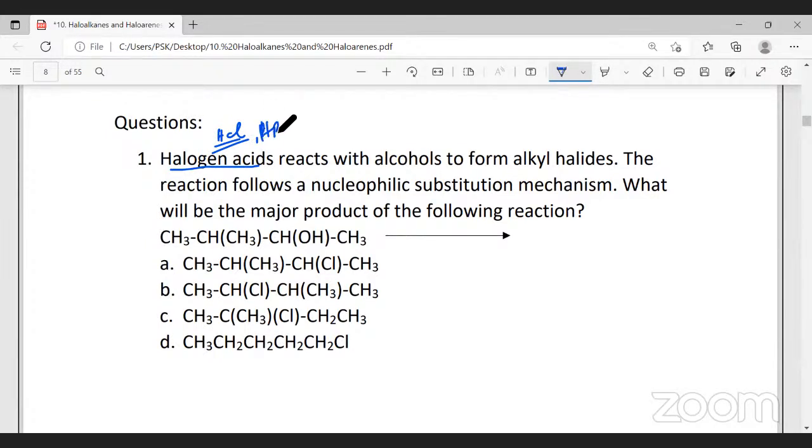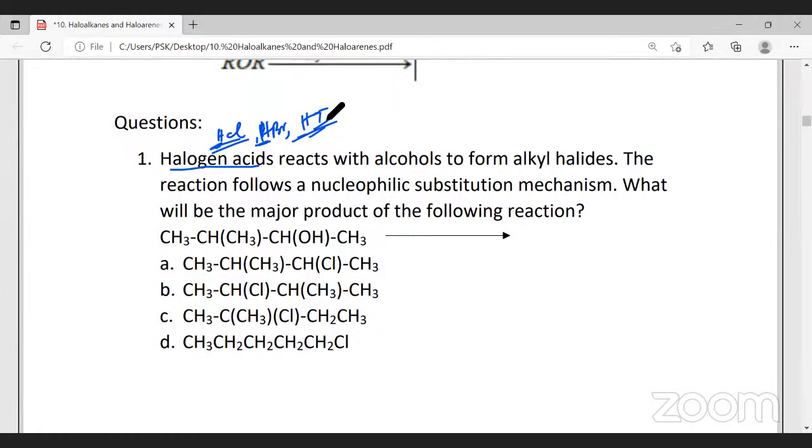Hydrobromic acid, HBr, is a halogen acid. HI, hydroiodic acid, is a halogen acid. An acid is nothing but anything which provides H plus ions. If it contains a halogen, it will be called a halogen acid. Halogen acid reacts with alcohols to form alkyl halides. The reaction follows a nucleophilic substitution mechanism.